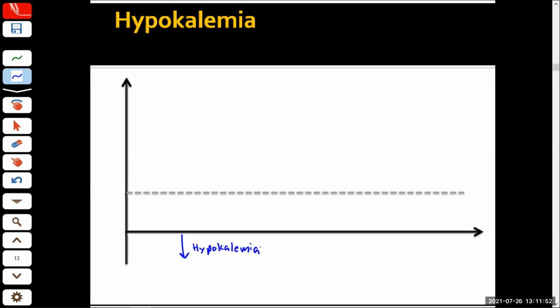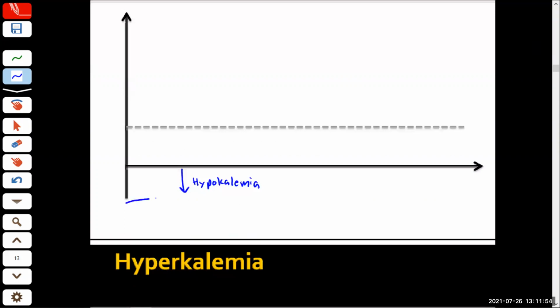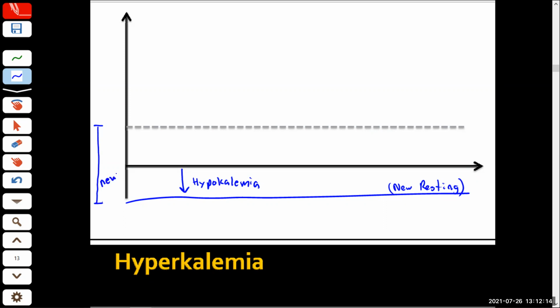The blue line, I'm going to scroll down a little bit. The blue line, that is now your new resting. Okay, we were here, now we're here. Are we closer or further away from the threshold? So is it easier or harder to fire an action potential?